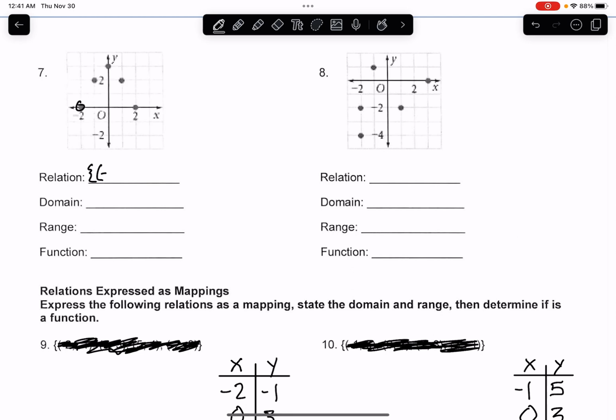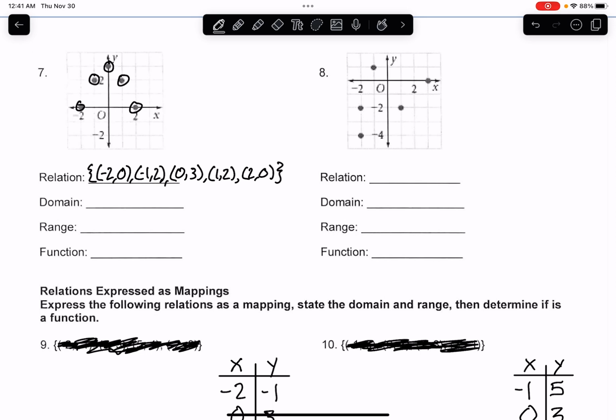So we've got -2, 0, -1, 2, 0, 3, (1, 2), and 2, 0. And that's our list of points.